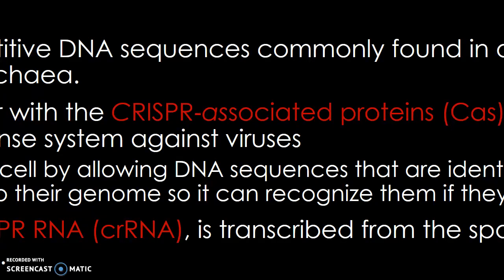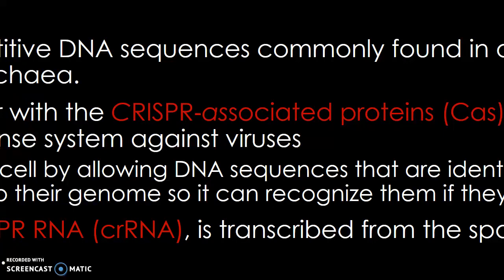CRISPR, together with what we call CRISPR-Cas or CRISPR-associated proteins, it's part of the prokaryote defense system against viruses. So just like we have an immune system, prokaryotic cells also need an immune system. So this CRISPR-Cas system protects the cell by allowing DNA sequences that are identical to past pathogens into their genome, so if they get invaded by those pathogens again, they can recognize them as foreign and attack.